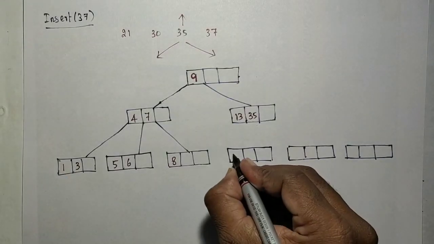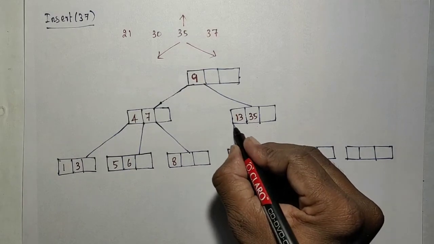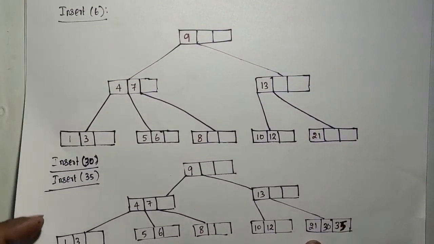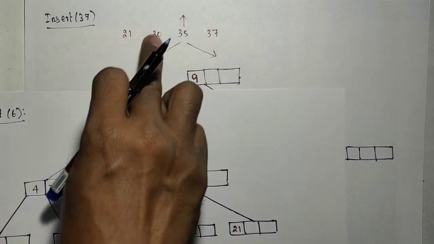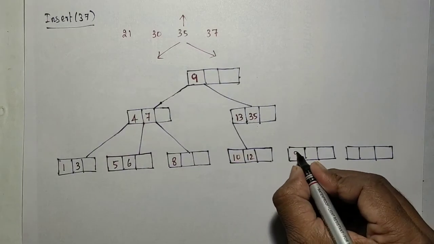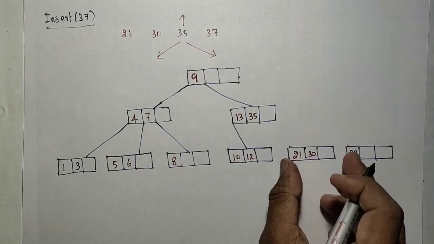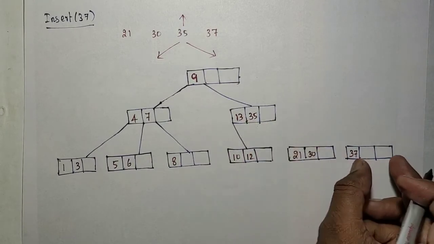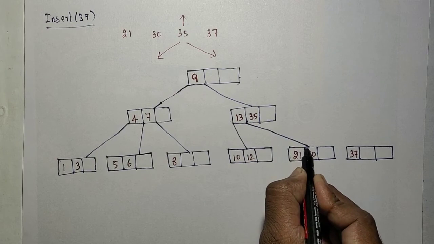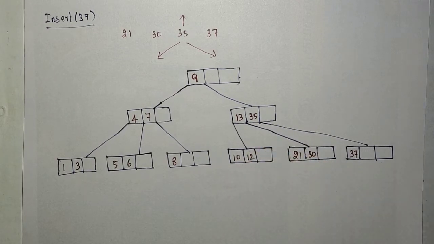That node will become the left of the 13, no change. Now this is split like 21, 30 and 37. So 21, 30 and 37. This is the left of the 35, this is the right of the 35. Like that it will be split.